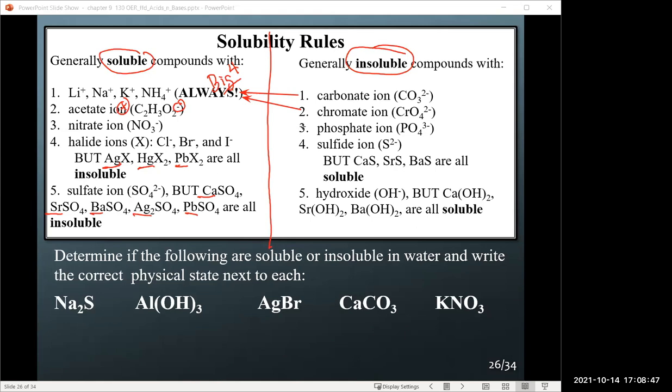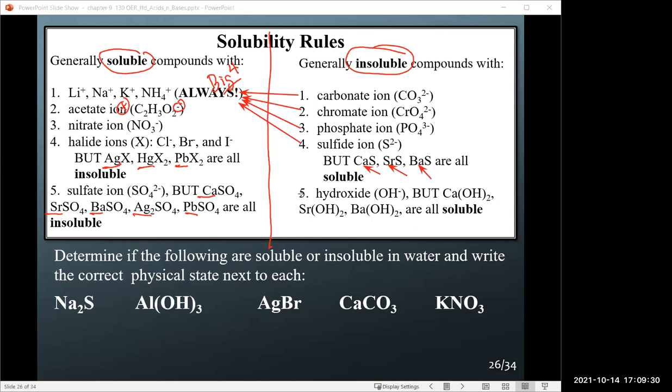Phosphate, again, phosphates are insoluble, except with the big four. There's only 4 phosphates that are soluble in water. All the rest of them are insoluble. And we do it again. The sulfides are insoluble, but this time, unless they're bonded to the big four and 3 more. If they're bonded to calcium, strontium, or barium, they are all soluble. So there are 7 examples of soluble sulfides, which means that all the other metals bonded to sulfide are insoluble.